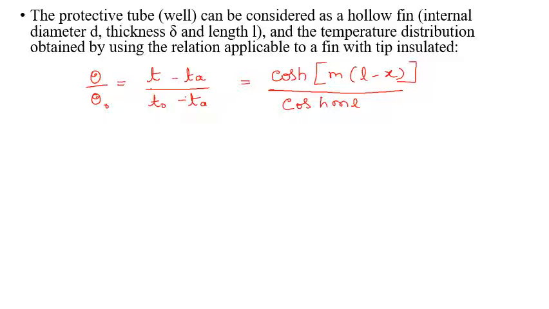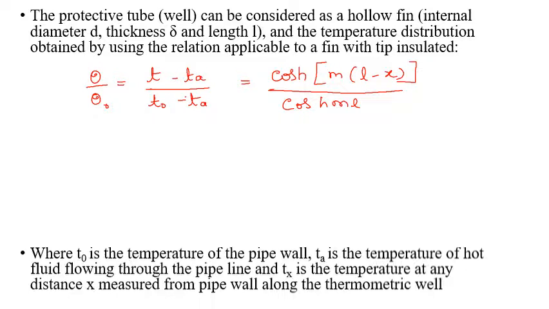This is the temperature distribution for an insulated tip. Here we have considered for our convenience the tip is insulated, so we are using this formula to find out the error.